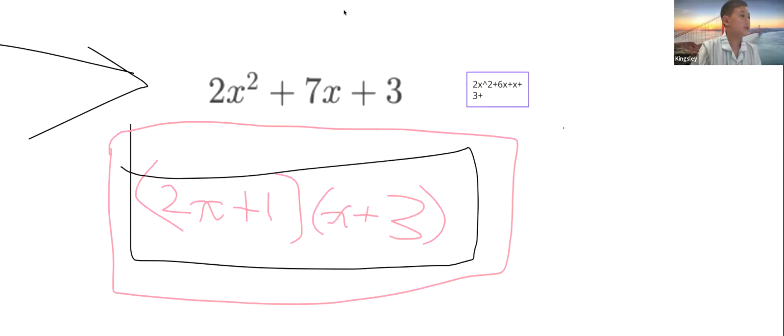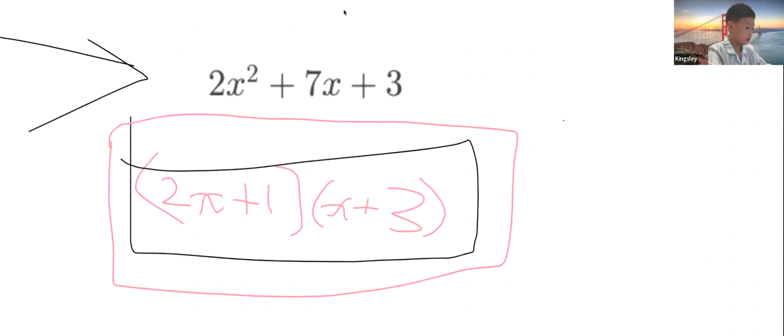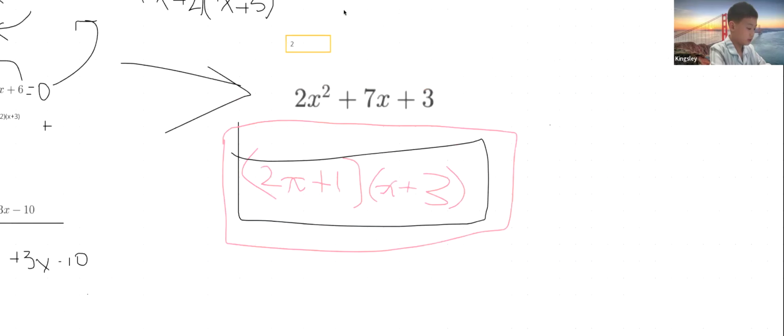So we started with 2x squared plus 7x plus 3, because sometimes I like to break into 2x times x, 2x squared, plus 7x plus 3.